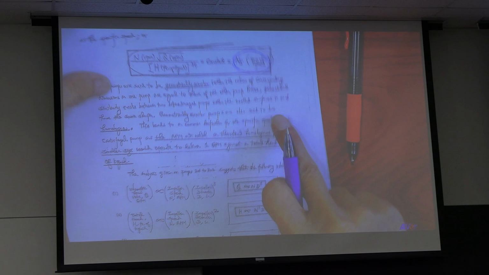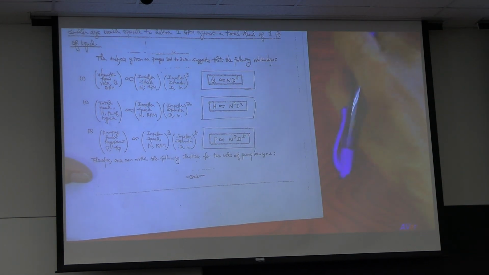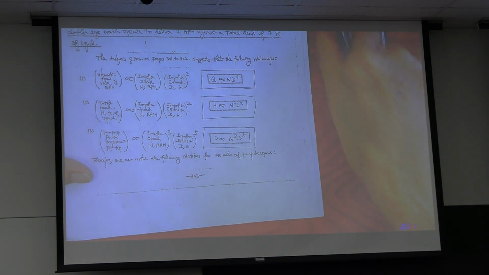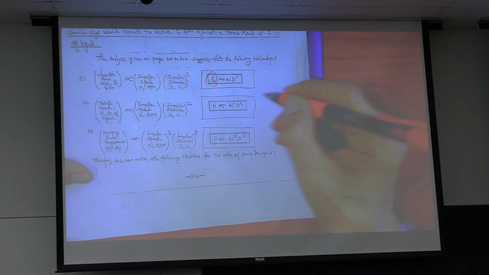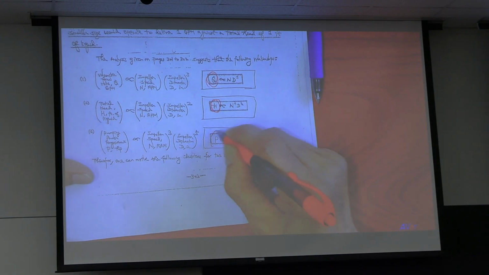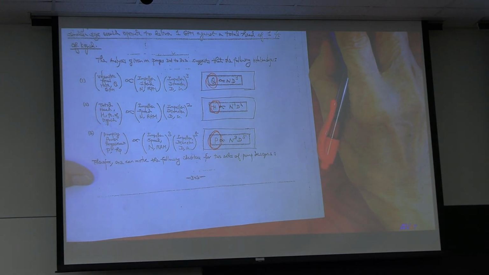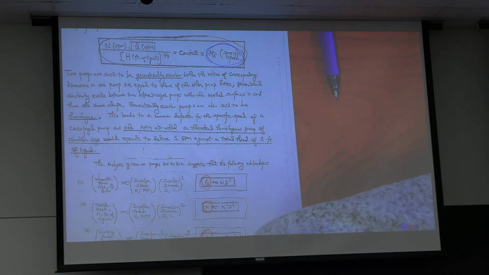So now, with the relationship we got, Q and D to the third power, H, P. Okay? So let's go to the next page.